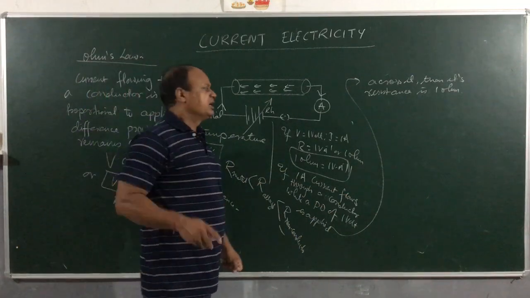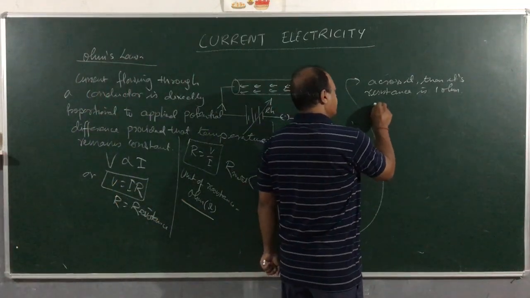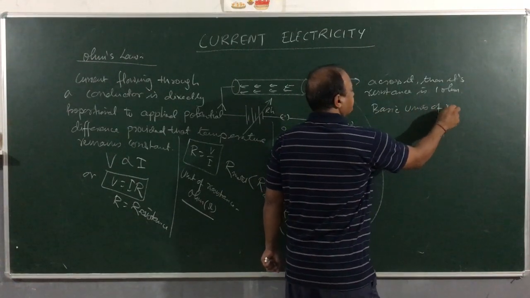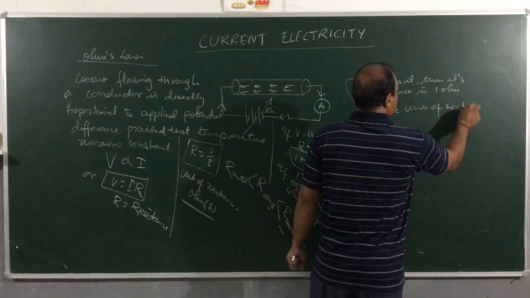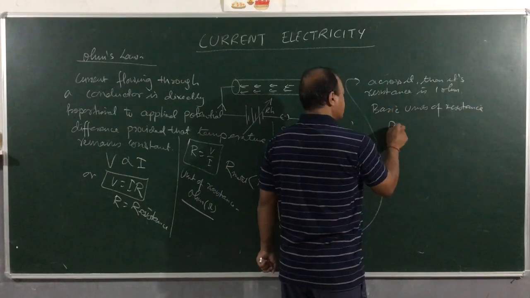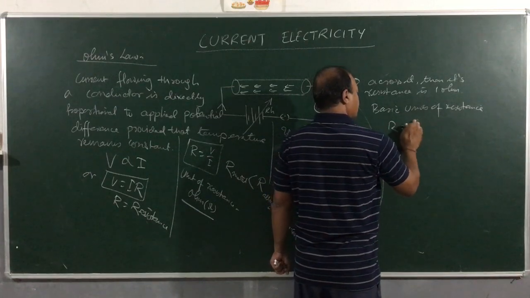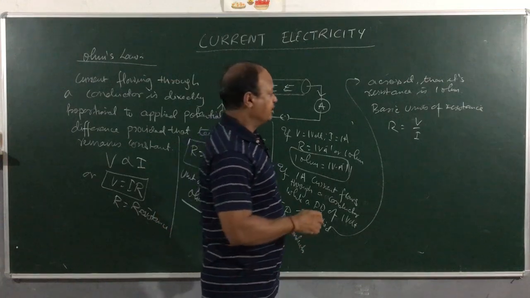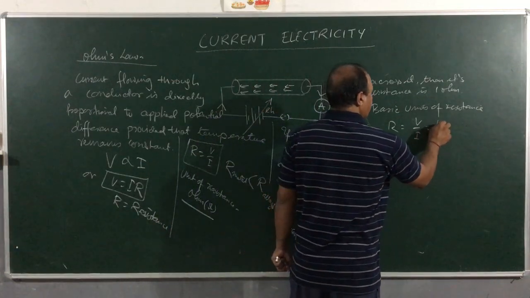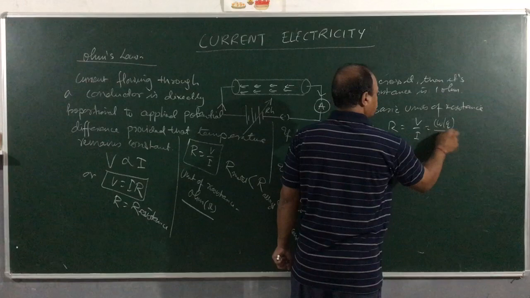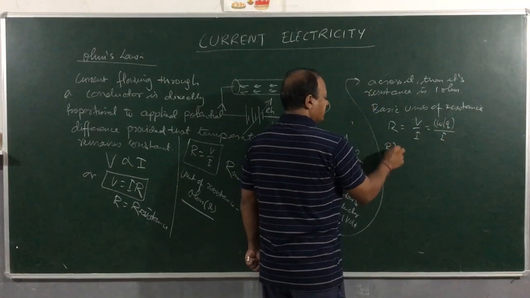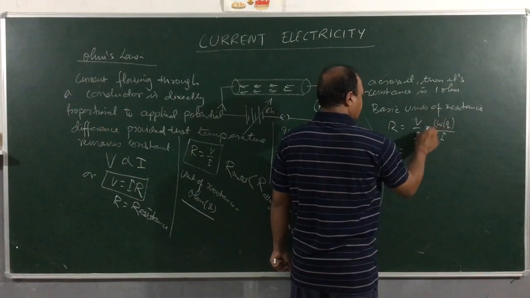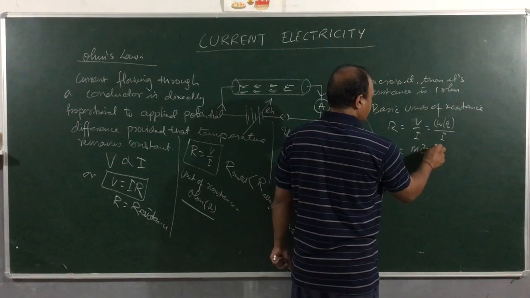Okay. Let us see what are the basic units of resistance. Resistance, children, is V by I. If I write the dimensional formula, and V is W by Q, by I, resistance will be, work is M L squared T to the power minus 2.